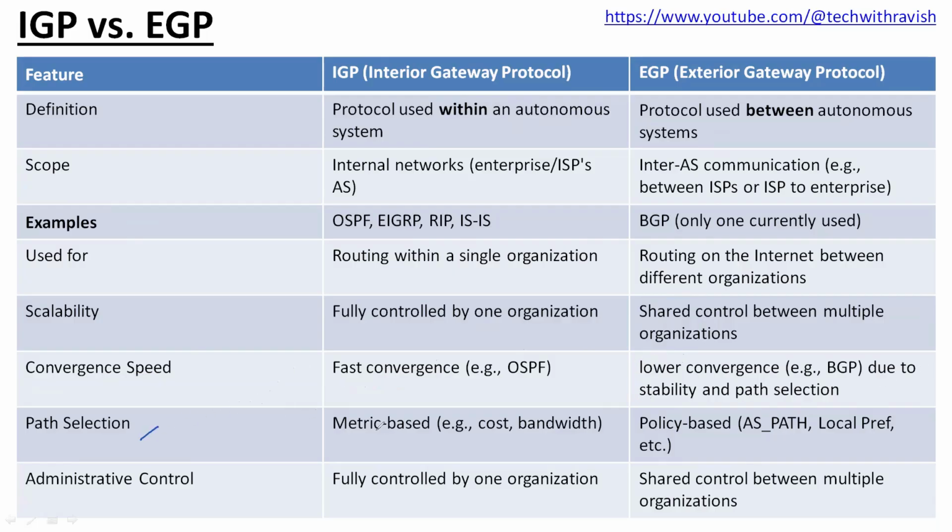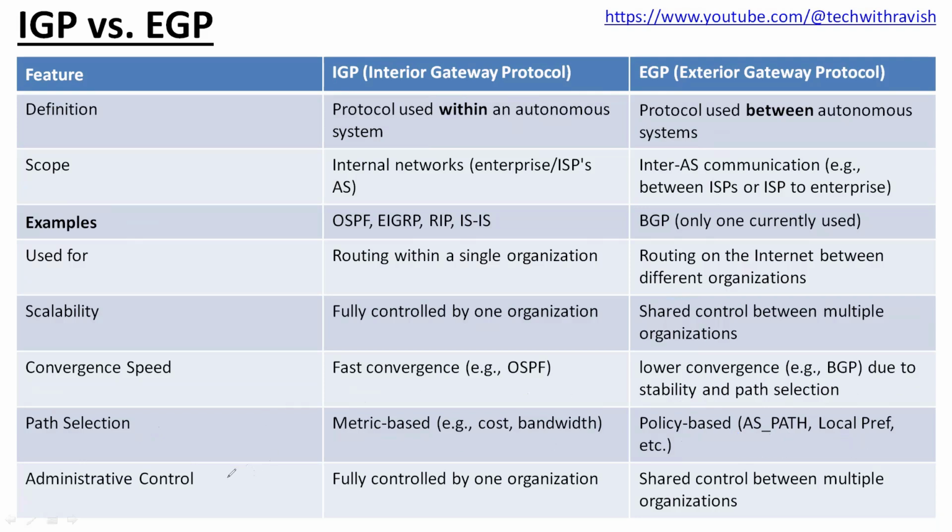Let's talk about path selection. In IGP, path selection is done by metric values like cost and bandwidth, but in the BGP protocol it is policy-based routing, and the path is selected with the help of attributes. There are 11 attributes on the basis of which the path will be selected.